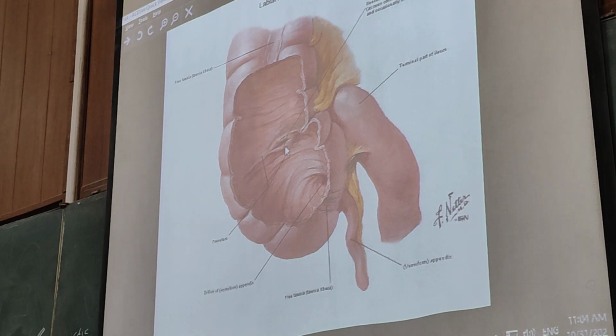When the feces reach the cecum and it is bulging, it causes these two lips to be stretched and closed. When the cecum is empty, these two folds are free. And again, the orifice is a physiological valve mechanism for the opening and closing of the valve of the ileum.